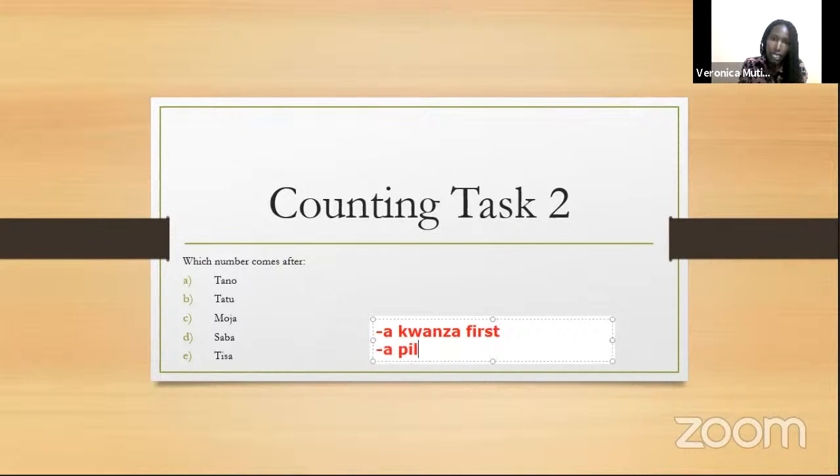And then we have a-pili for second. And then a-tatu, and the others just look like the normal ones. So you realize we have an a with a hyphen here. This is to imply that every time you are counting, these will keep changing depending on whatever you are counting.